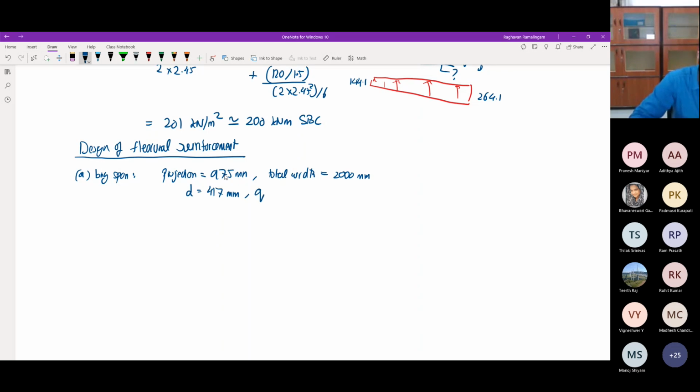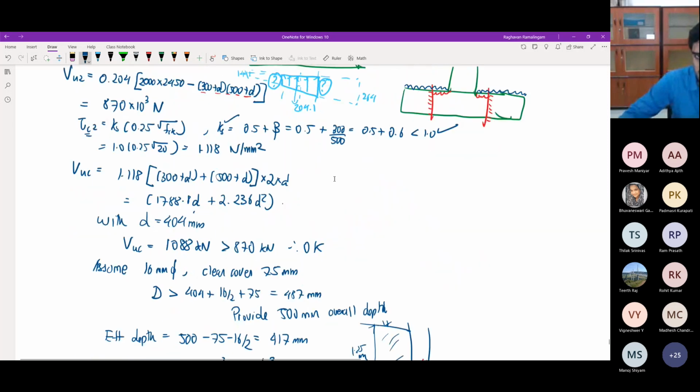And the q is 0.2641 Newton per mm square at the edge, and at the column face it is 0.216 Newton per mm square. I think I didn't draw this yet.